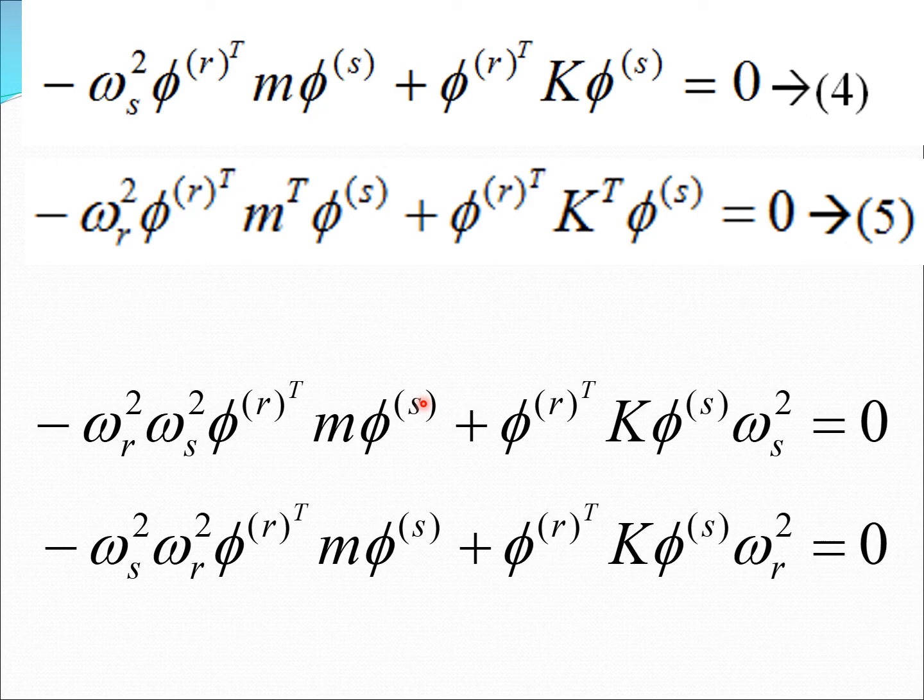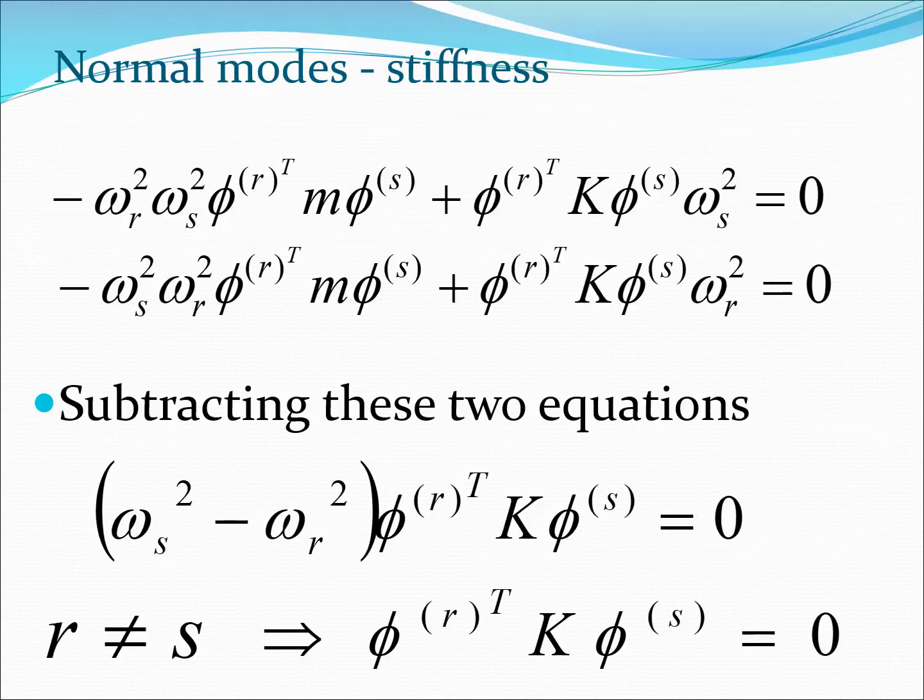And so if I were to do that, I would essentially get a term involving only the stiffness part of the equations, and I would get this frequency of S-th mode square minus frequency of R-th mode square. So subtraction would yield us this, which you can see clearly here when I have written out these two equations, and the multiplication of the frequency square has ensured that this mass term has been put to 0 when we subtract.